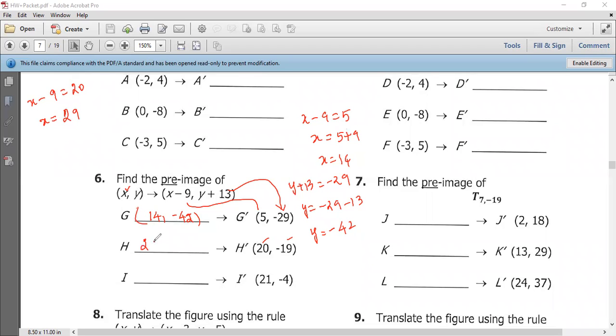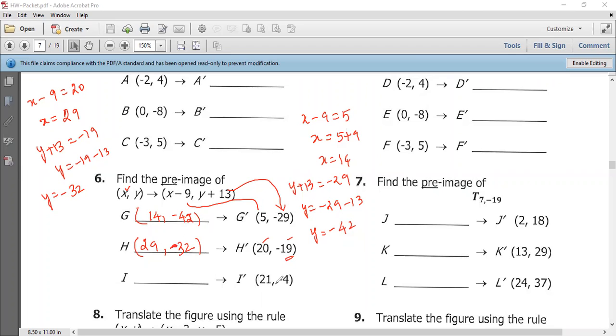Then your y value, you have to equate it to minus 19. So y plus 13 is equal to minus 19. Your y value will be minus 19 minus 13, which is nothing but minus 32. So 29 comma minus 32 is your answer.